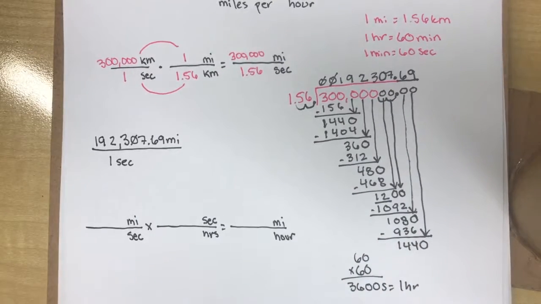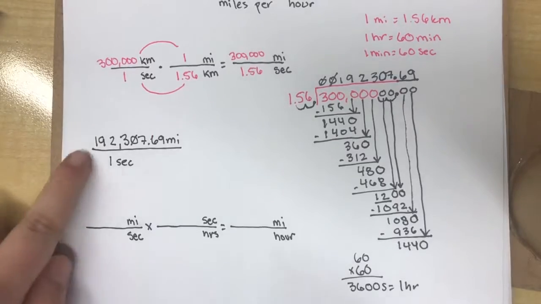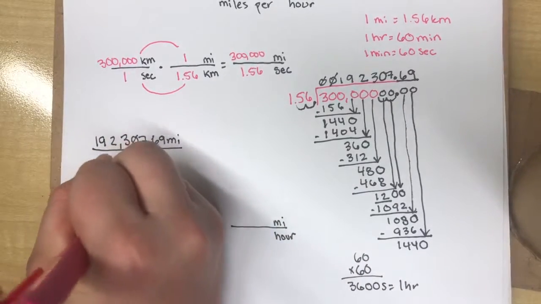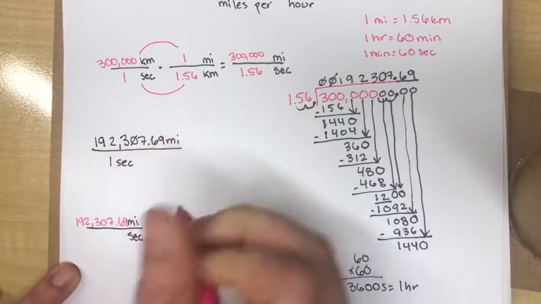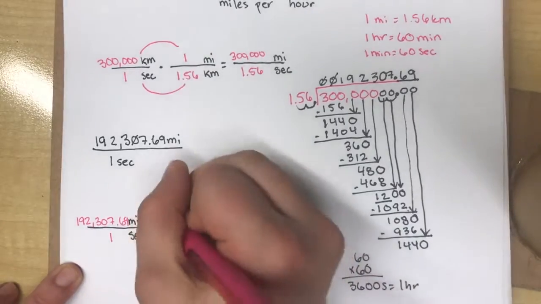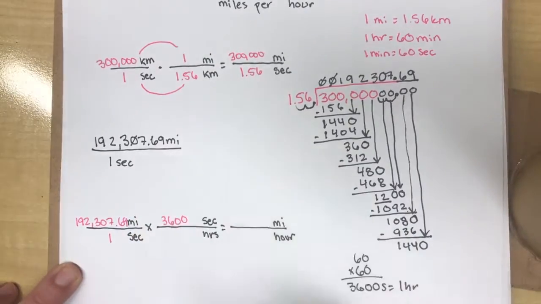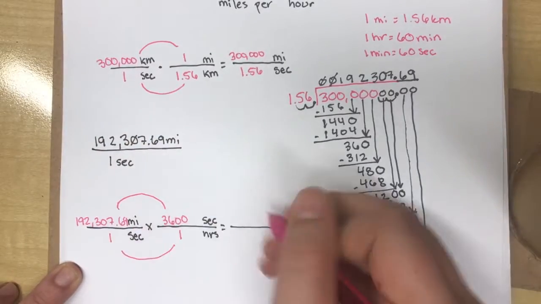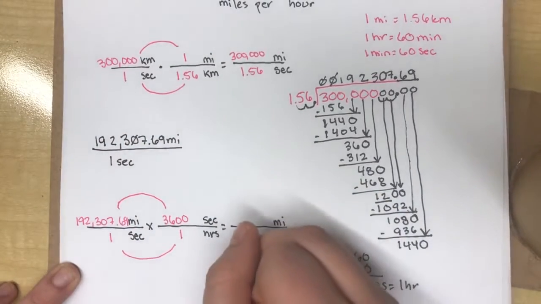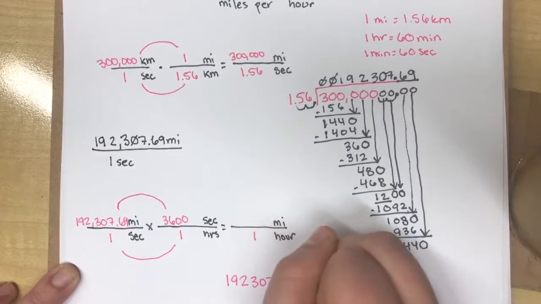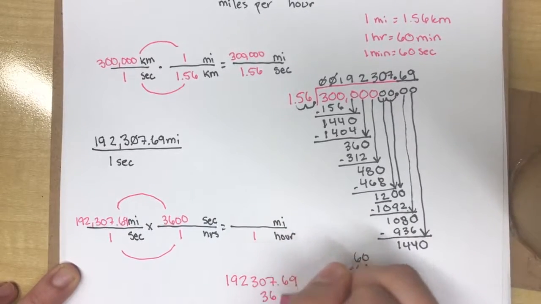Okay, so now I can write in my starting rate, which is 192,307.69 over 1, and then my conversion factor. So I know that this is 3,600 seconds in 1 hour, and now I can multiply. So this is going to end up being 192,307.69 times 3,600.